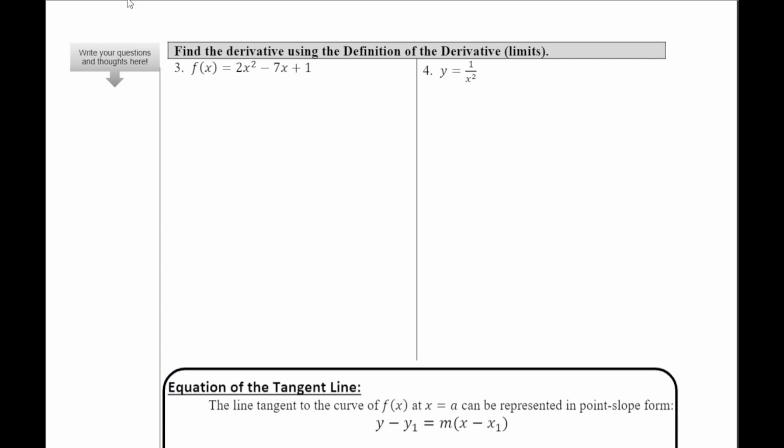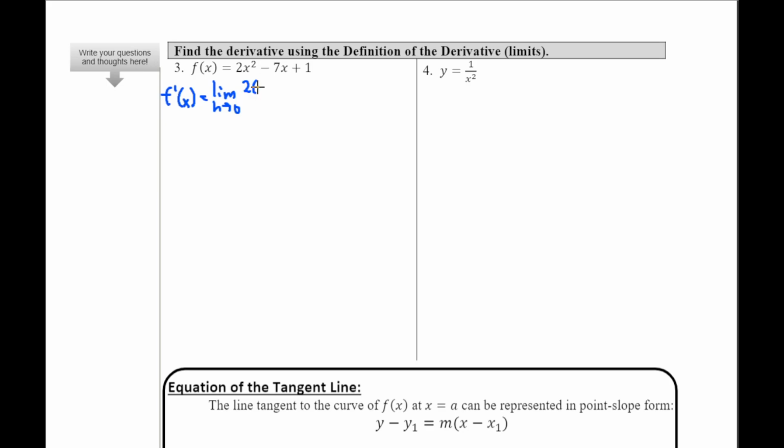So we have to write down f prime of x. Be sure you write small. We're going to be writing a lot here. Limit as h approaches 0. And we have to do f of x plus h first. So replace all the x's with x plus h.